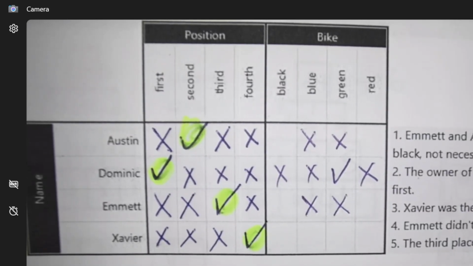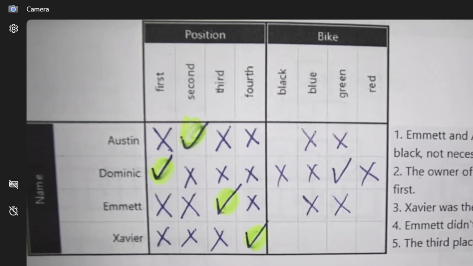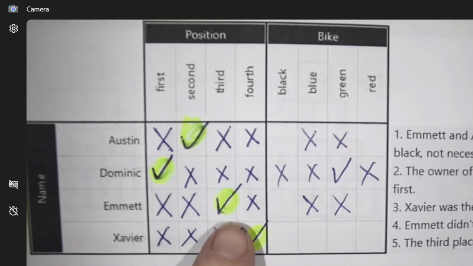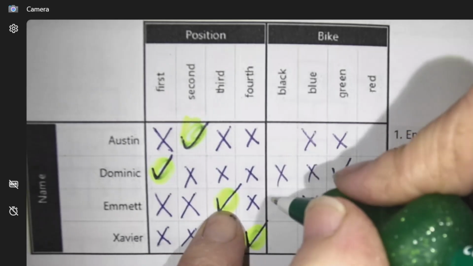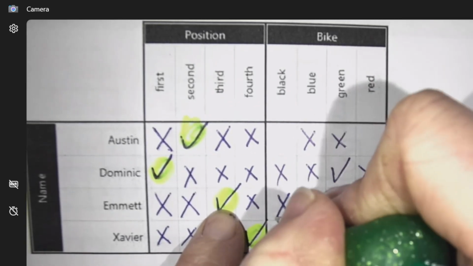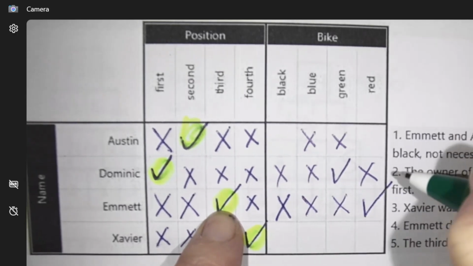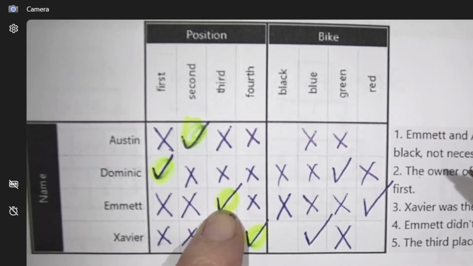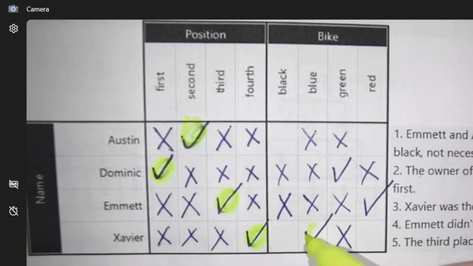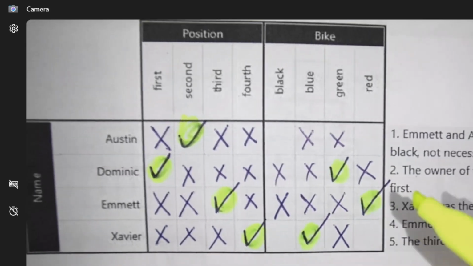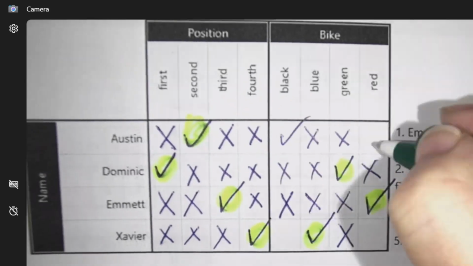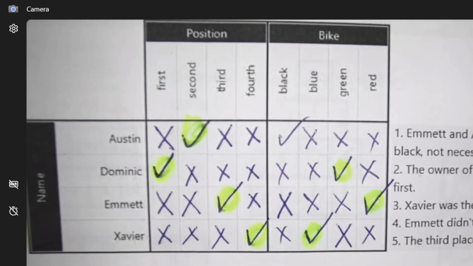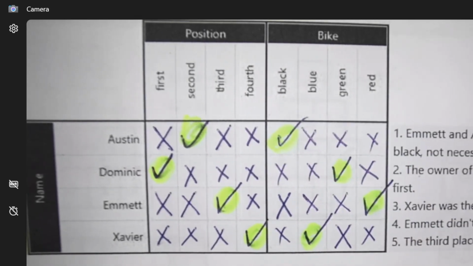And what else do we know? The third place didn't ride a black bike. So third place was Emmett. Emmett is not black, so Emmett is red. I'm just going to finish this out. Conclusion, conclusion, conclusion. That one's called cross logic puzzles.